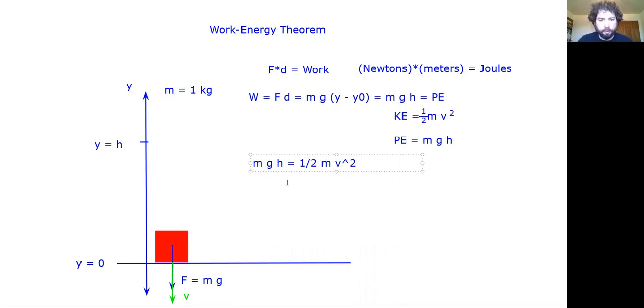That's what it's going to be. So that's our equation. And since we have mass on both sides here, we can cross that out. And so then it becomes v squared is equal to 2gh.